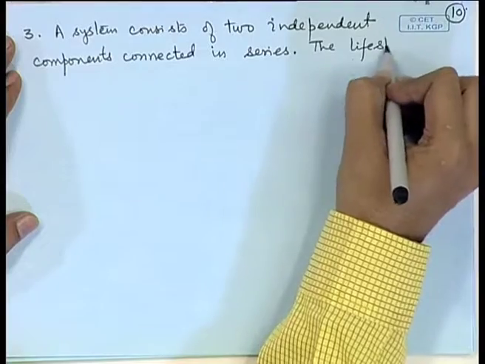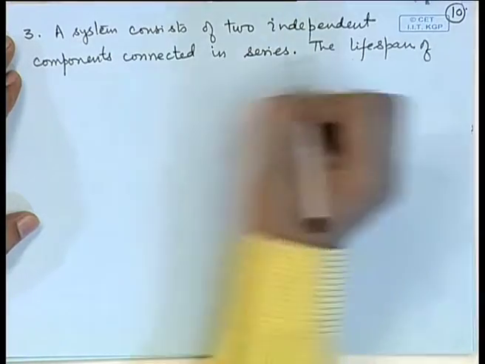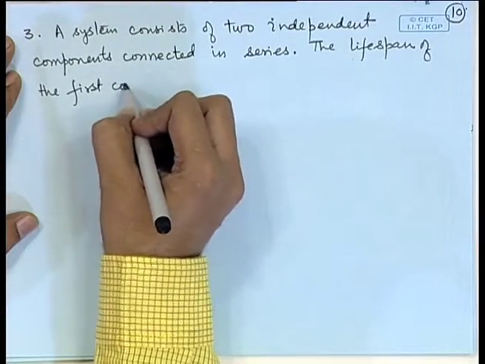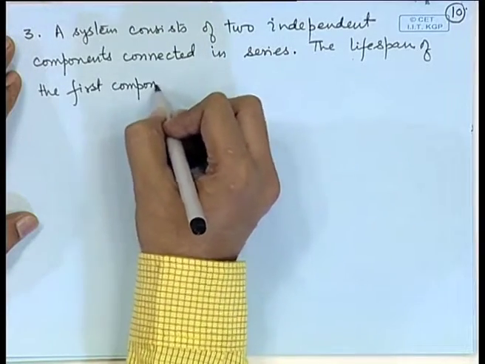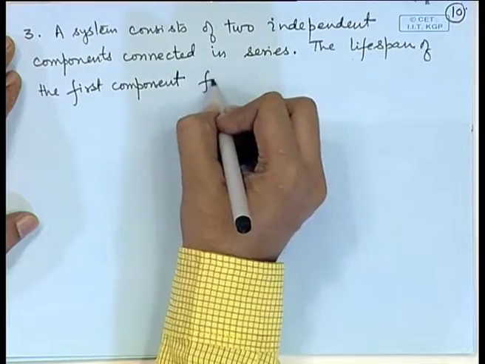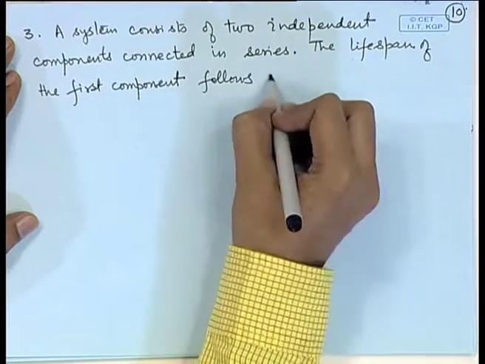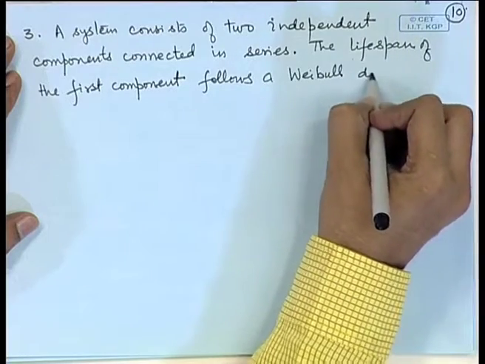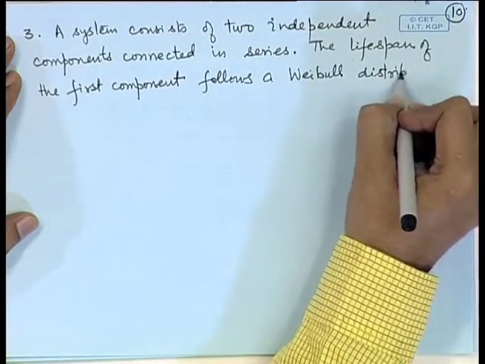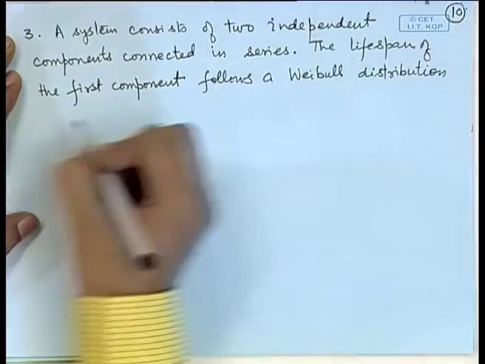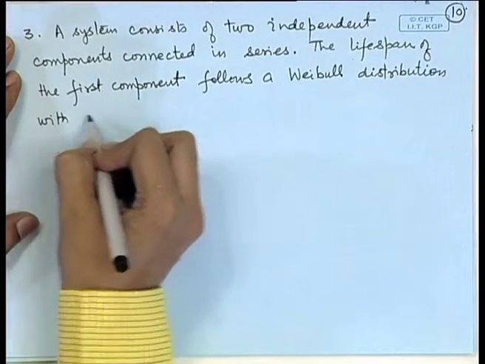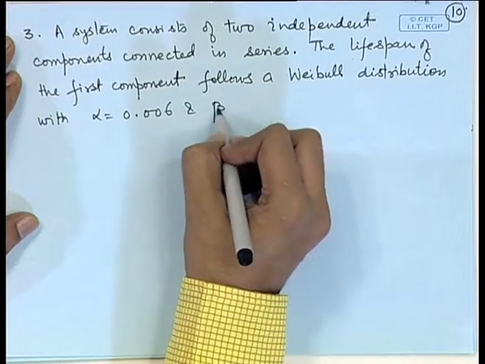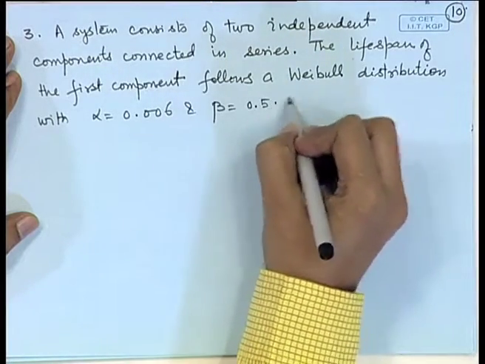The lifespan of the first component follows a Weibull distribution with alpha equal to 0.006 and beta equal to 0.5.